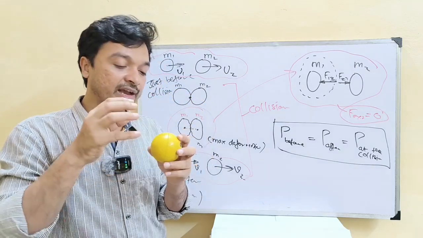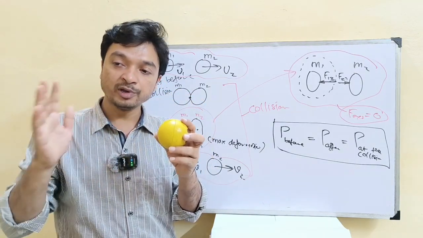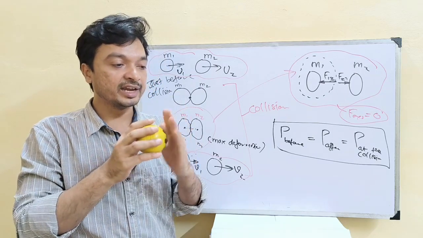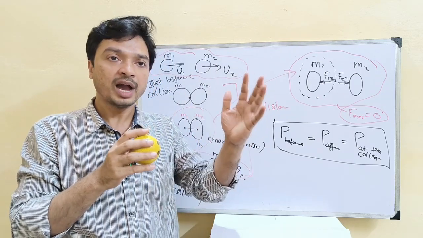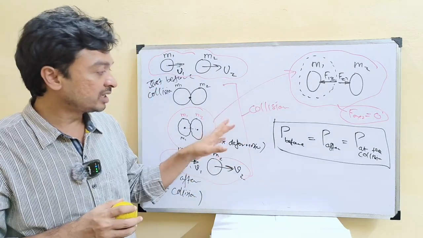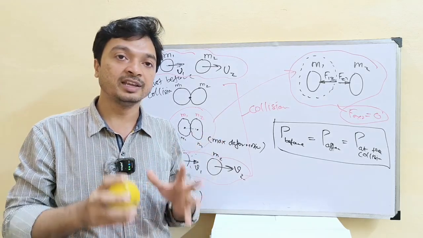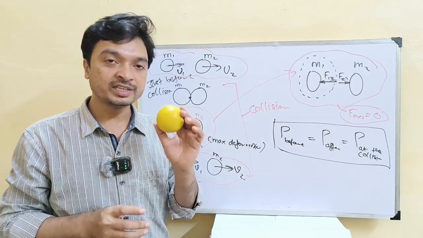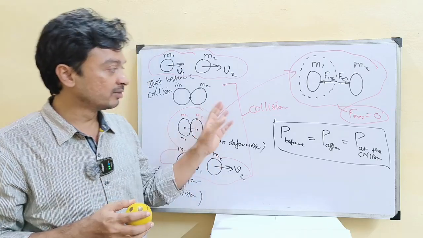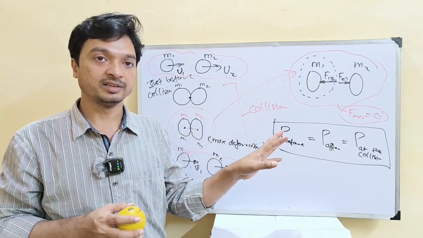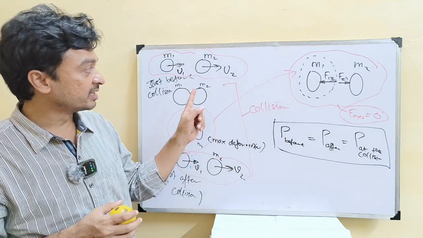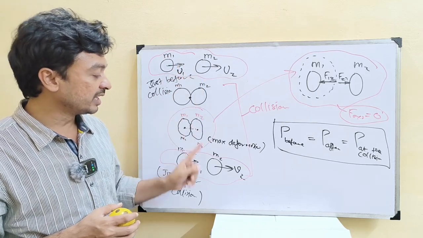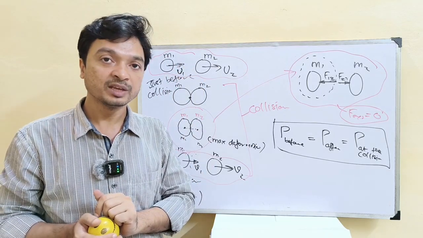So whatever kinetic energy was there before collision will be equal to that after collision. Okay, this type of collision is a perfectly elastic collision or elastic collision. Okay, if bodies are elastic, then the collision will be perfectly elastic, right? So for that case, kinetic energy before collision is equal to kinetic energy after collision.